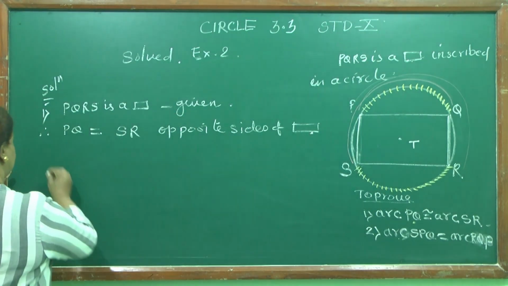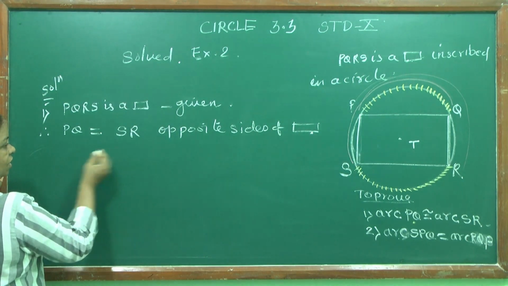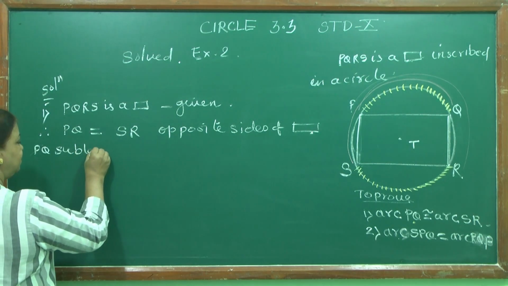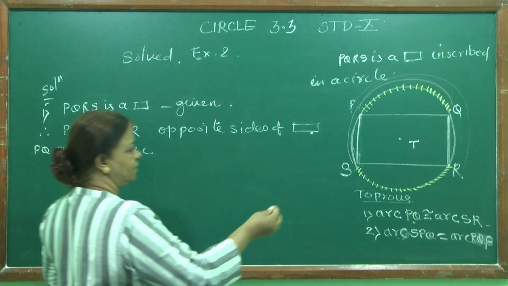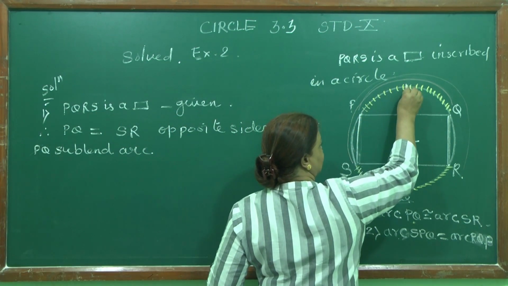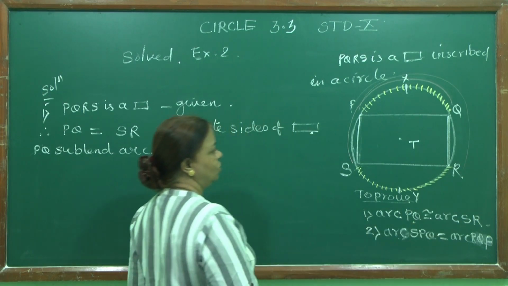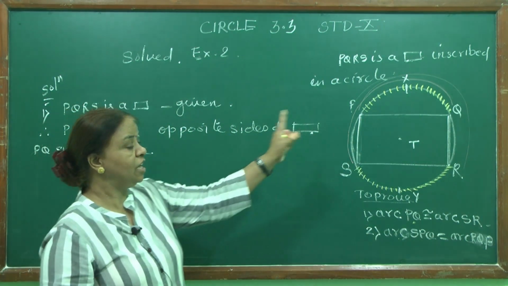Therefore, we can say, let me write here one point, PQ subtends arc, let us write it here as X and here as Y, so there is no confusion in taking the name of the arc.